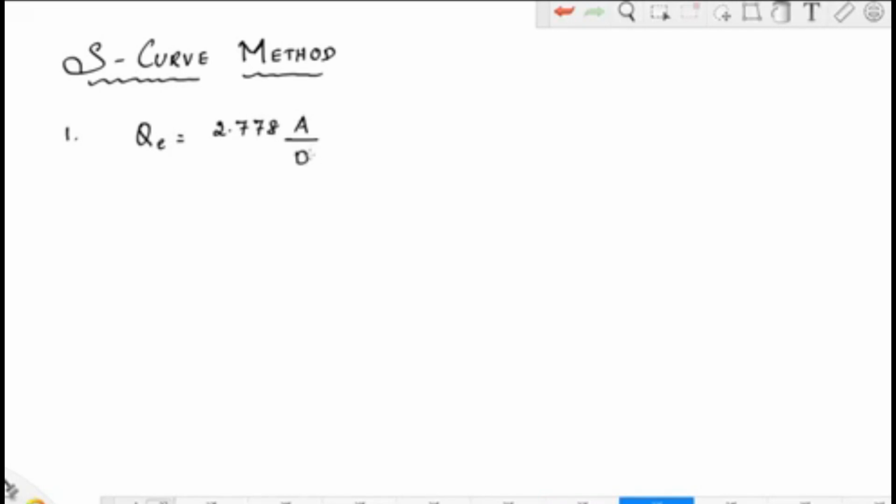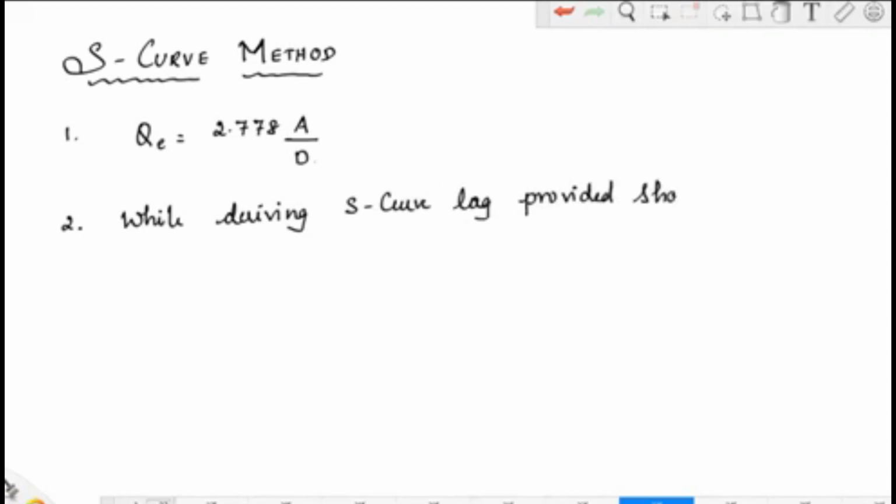The second point is that while deriving the S curve, the lag provided should be D hours.